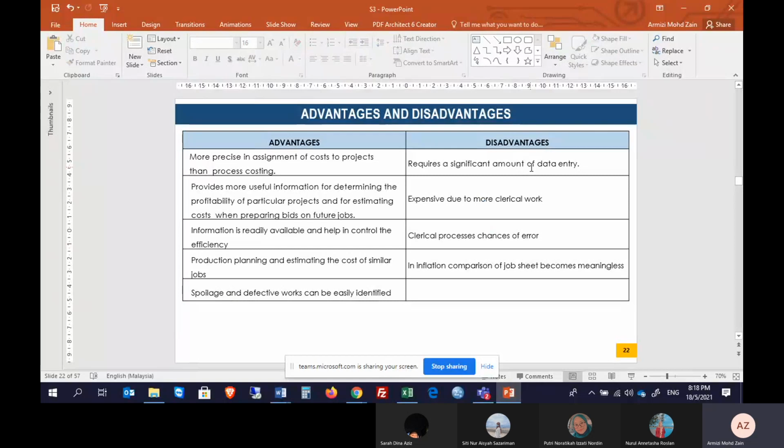Job costing requires a significant amount of data entry, because we have to calculate a cost for each job. You have to key in all the costs in the accounting software based on job.